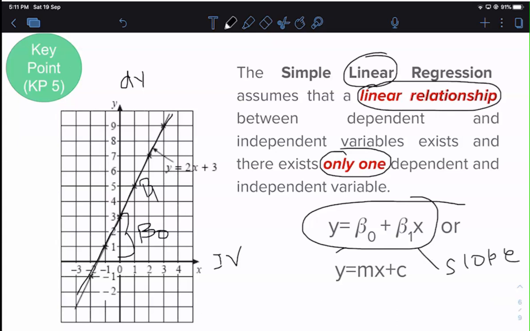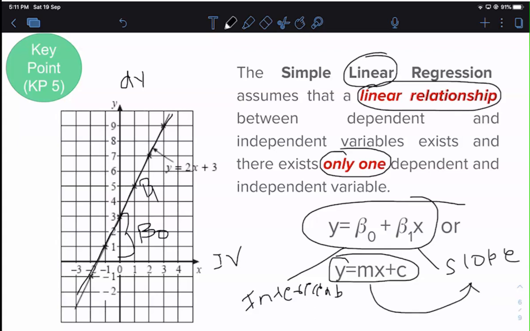This is the slope of the line and beta 0 is the intercept of the line. So you might have studied this form of equation in your geometry, that is y equal to mx plus c, where m indicates the slope and c indicates the intercept. So here we are using different notation, calling it y equal to beta 0 plus beta 1 x.